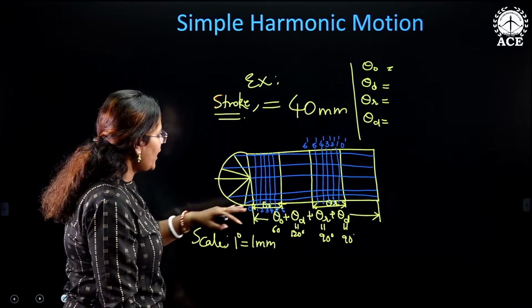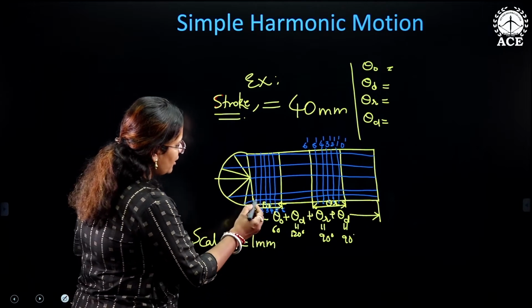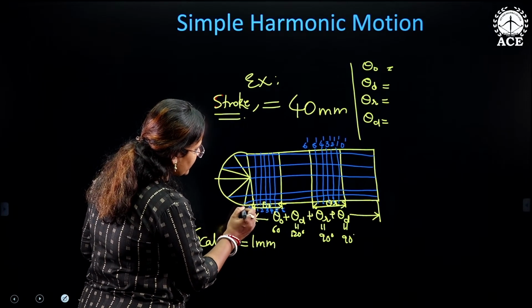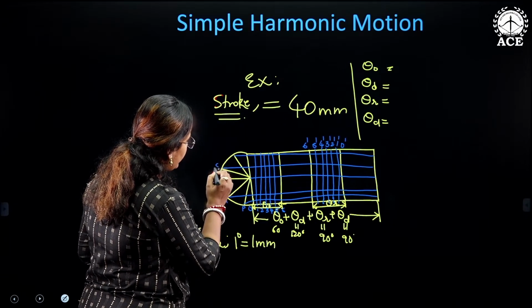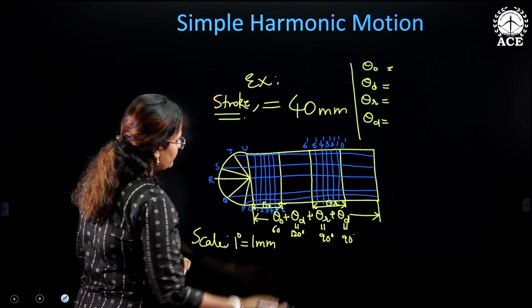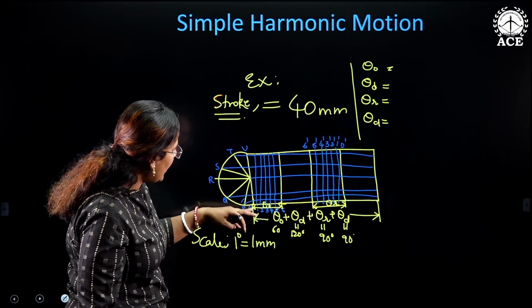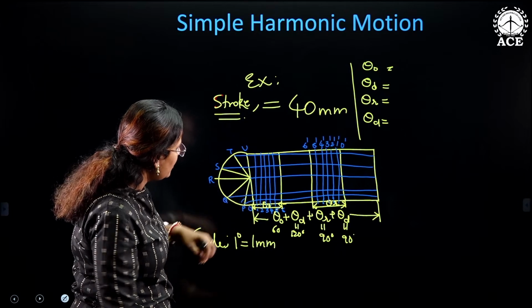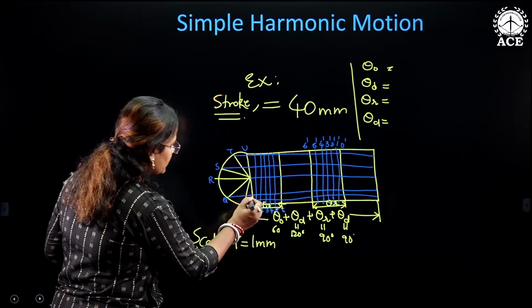So we have 6 divisions here and 6 divisions here. Here you have the projection from, let us say, P, Q, R, S, T and U. The projection line from P horizontally and the projection line from 1 horizontally meet at this particular point.